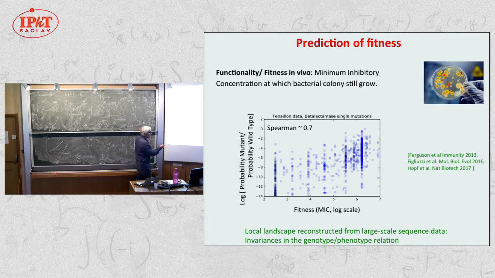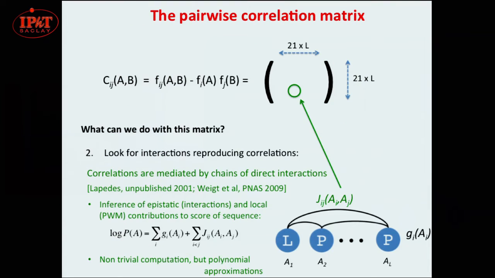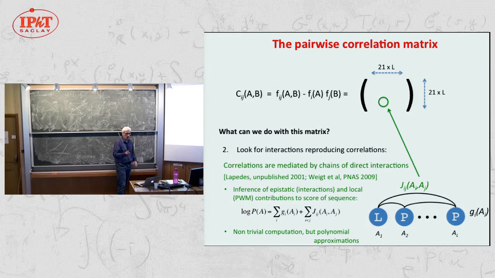And what you can do is see whether the model you have inferred here is actually predictive of its fitness. Because remember, this probability here is telling you how well the particular sequence of protein belongs to the class of proteins that are functional, that are found in the databases. So if P of A is large, that means this is a good protein. If P of A is very low, that's a bad one.